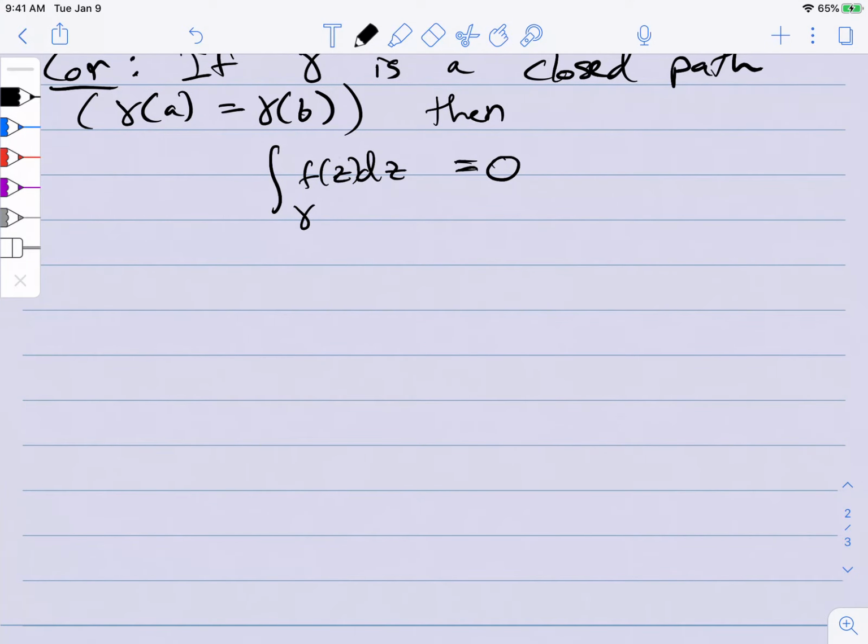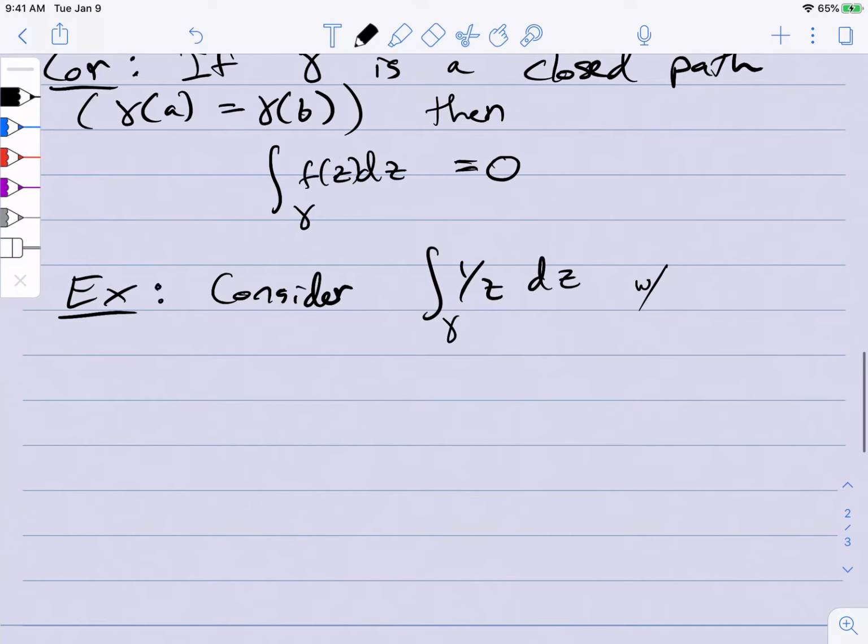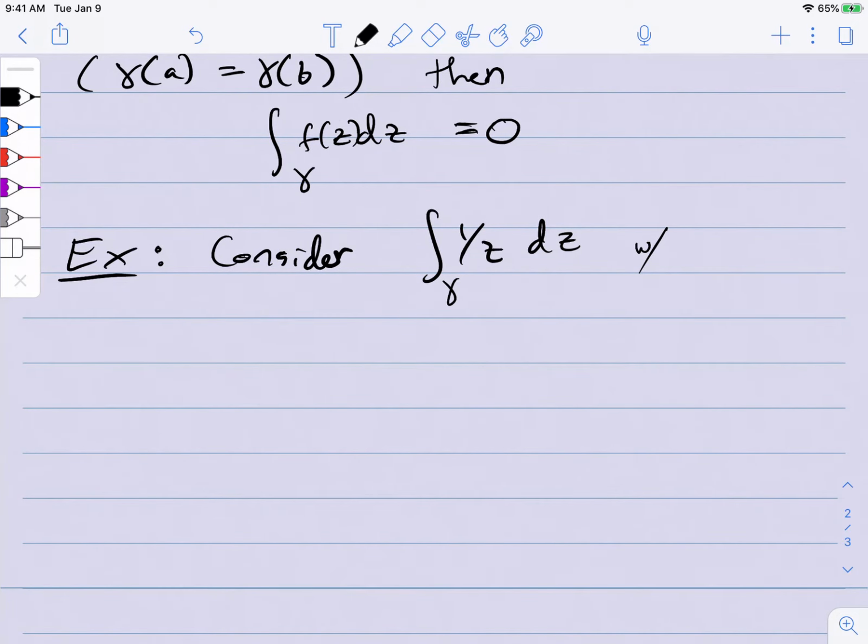Okay, so I want to do an example of 3 different integrals. So let's consider the path integral of 1 over z. That's going to be my little f over some path gamma. And let's do 3 examples to show where this is useful and also where it's not useful.